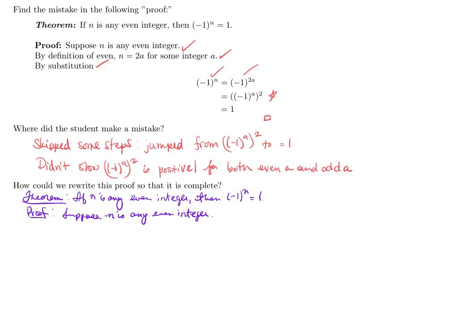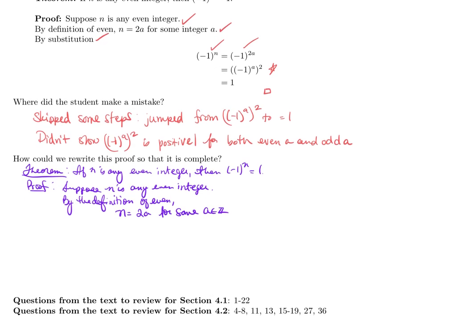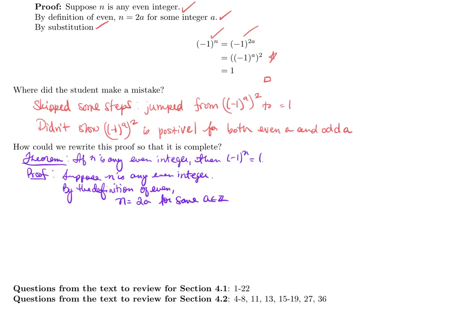So we're going to suppose n is any even integer. Then by the definition of even, n equals 2a for some a in the set of integers. I realize the student wrote it slightly different than that, but it's the same idea. Then we move into our substitution.